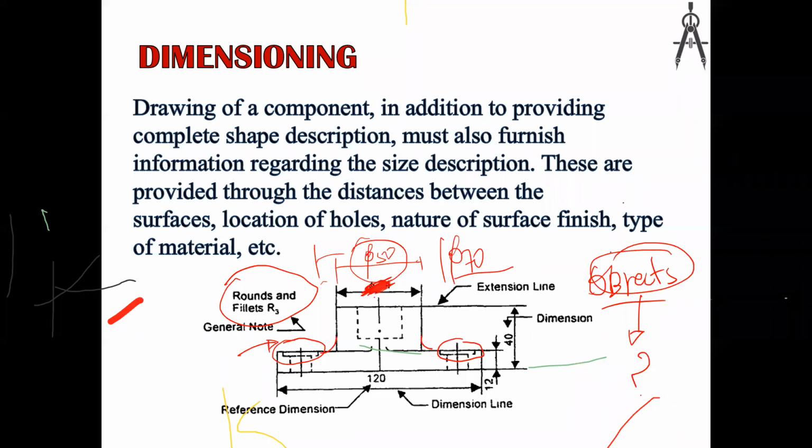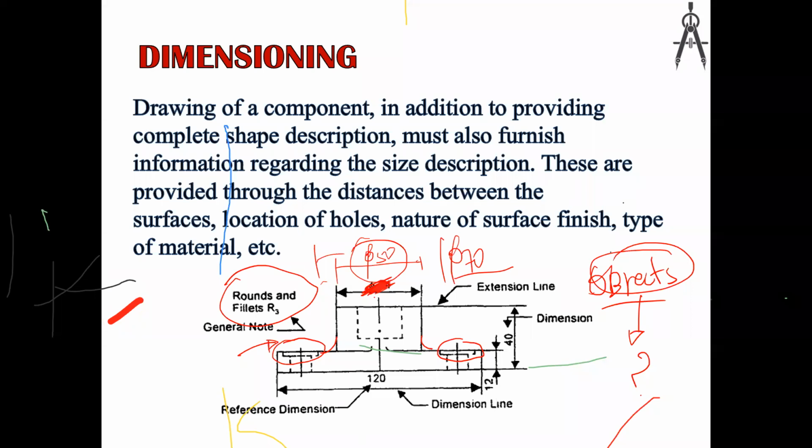Rather than having sharp edges, when you have sharp edges there is a possibility to break at those points.